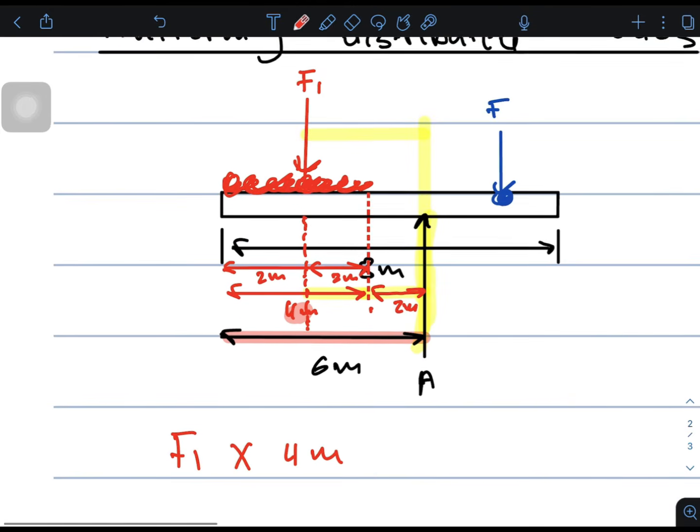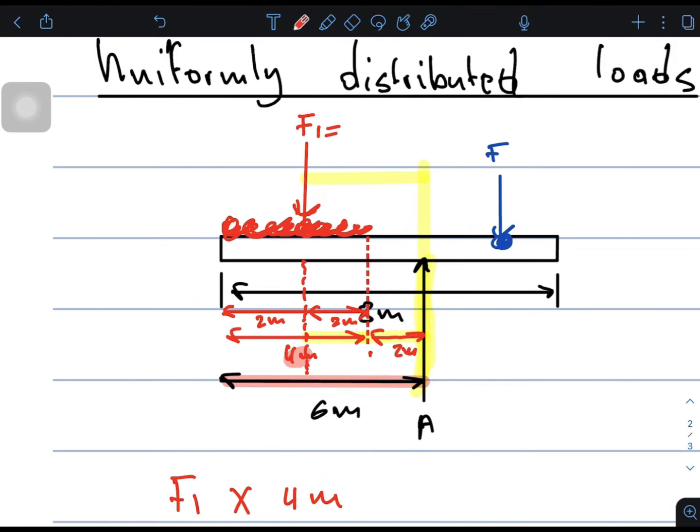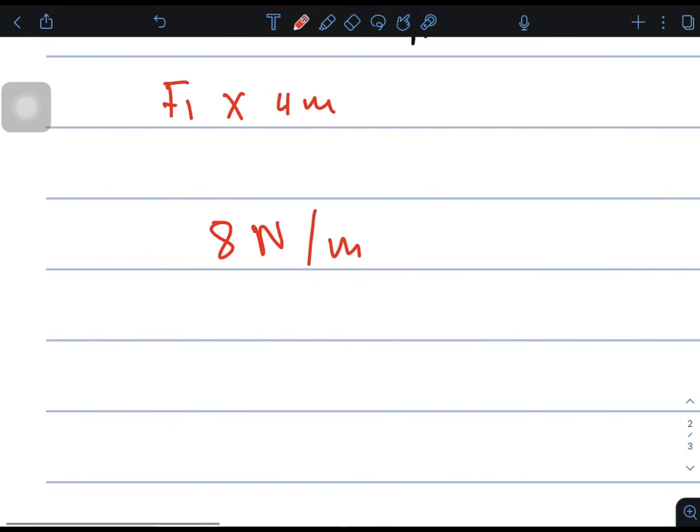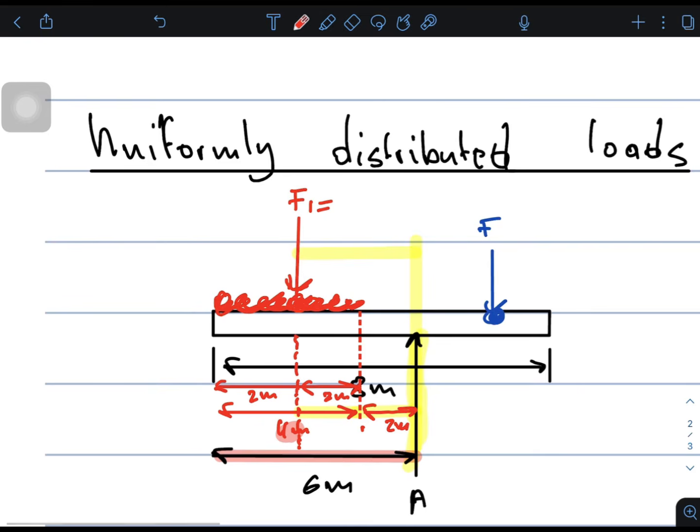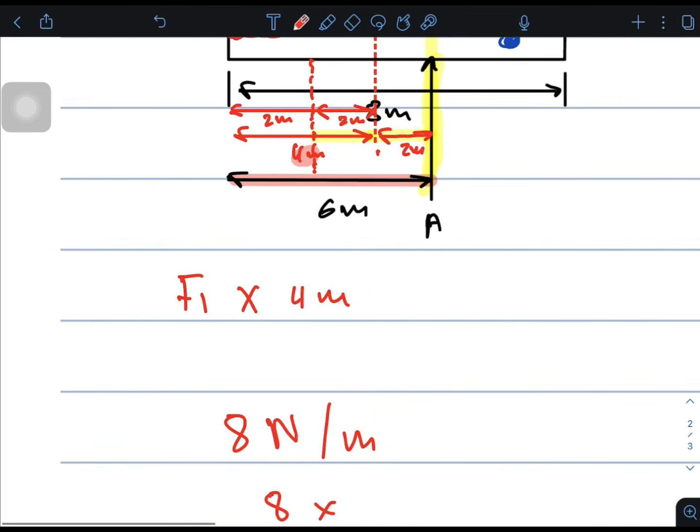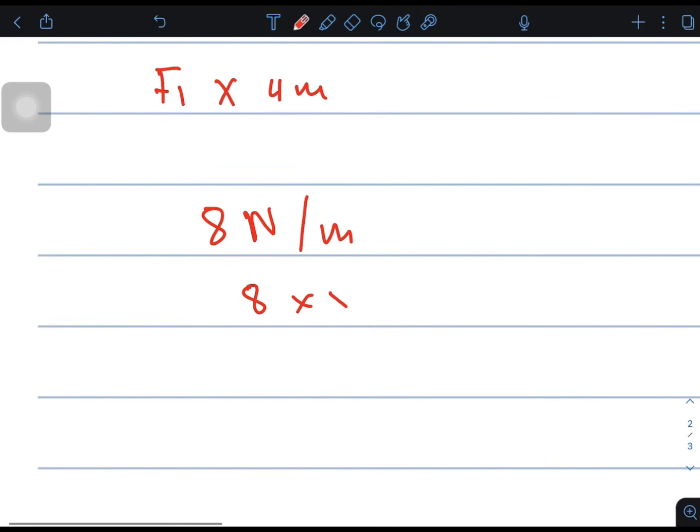If I want to find my F1, I'm going to say 8 times 4, since the load acts for 4 meters, which is 32.